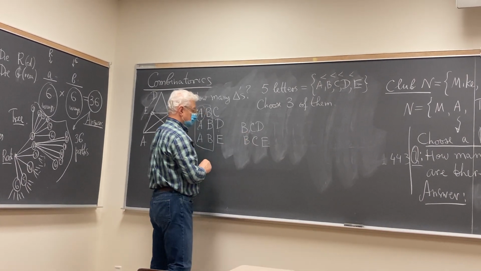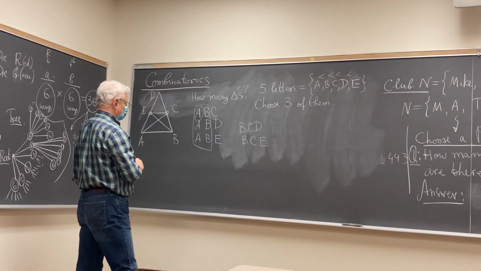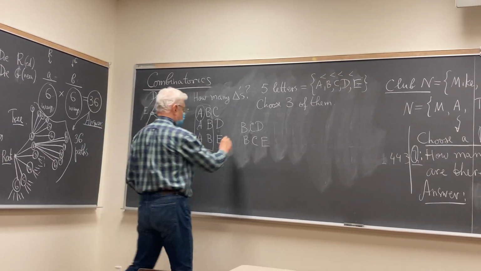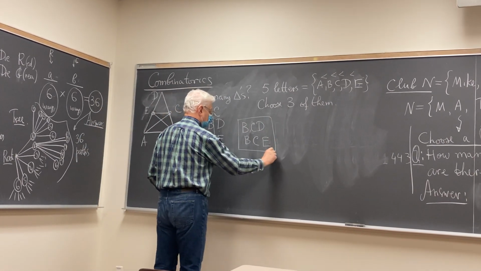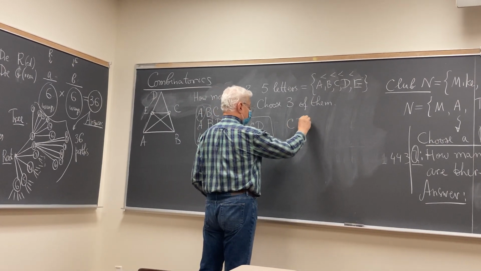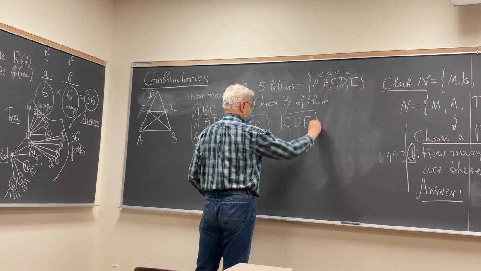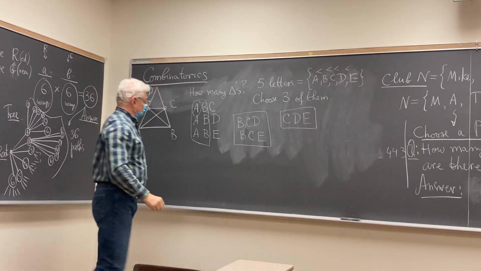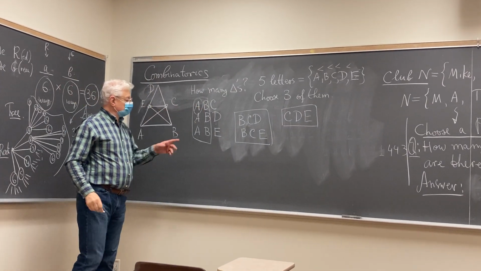So we have BCD. So we have all those. Okay, finally, let's start with C. We have only one possibility, CDE. So it looks like how many? 3, 5, 6.